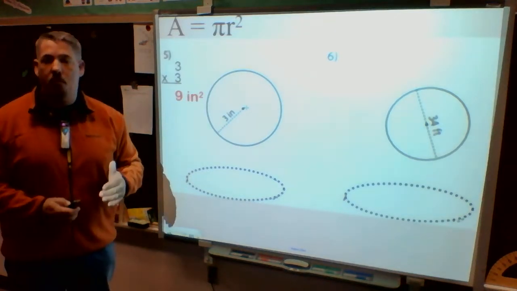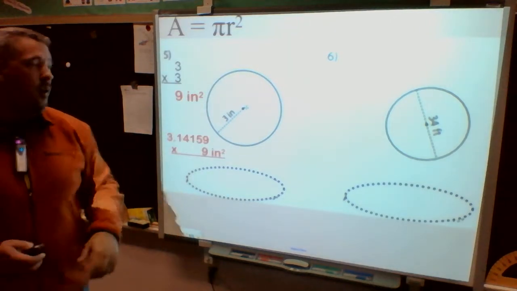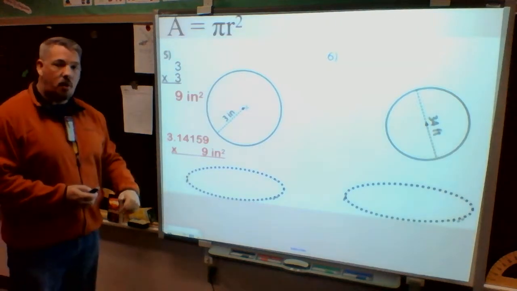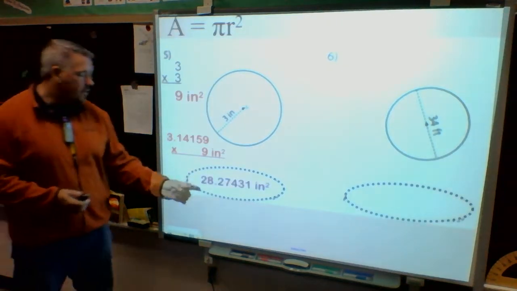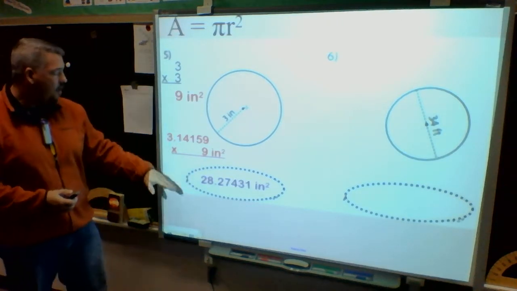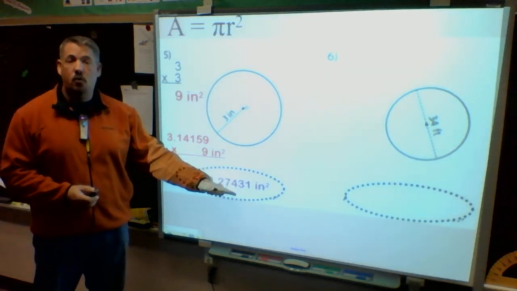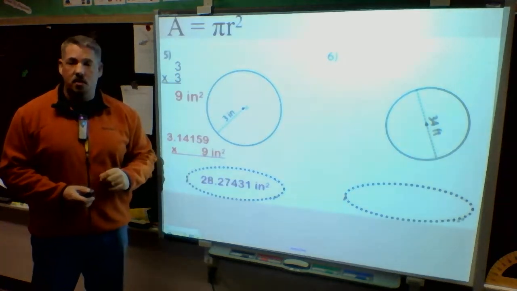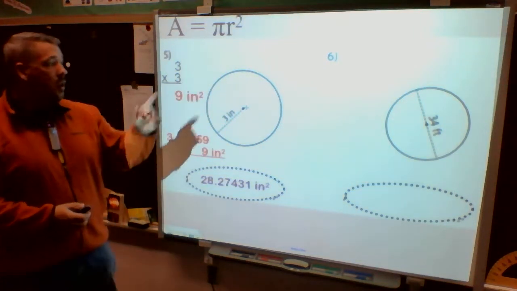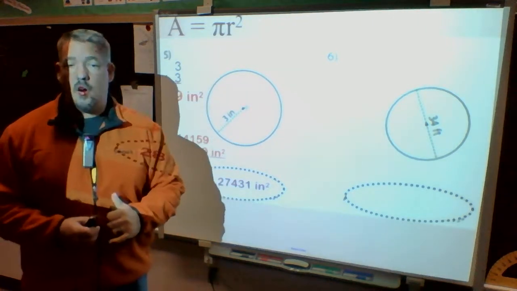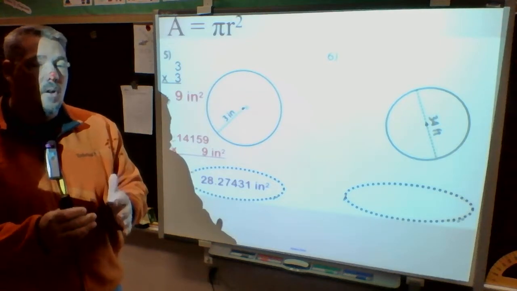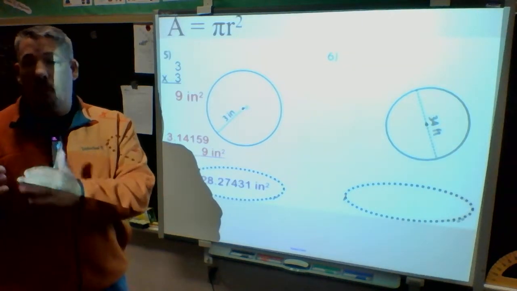Pi, once again, is 3.14159. Multiplied by my 9 square inches, you should have gotten a final answer for number 5 of 28.27431 square inches.